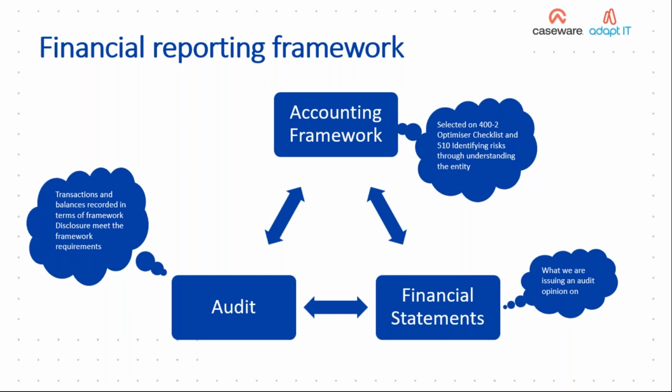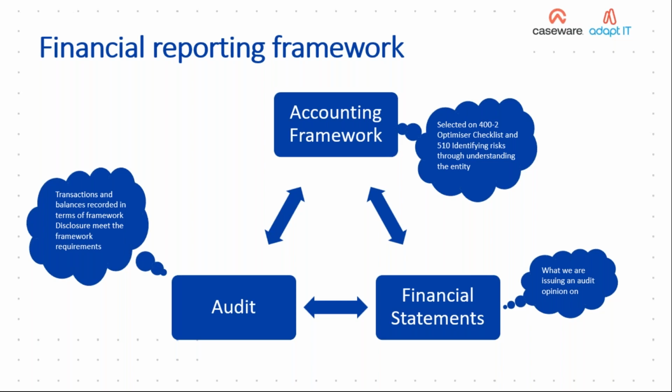So the accounting framework really drives what should be in the financial statements and how that should be accounted for. That's very closely linked to how the client, or in some cases where we are allowed to do so, where we will draft the client's financial statements. Then we've got the third part of that process, on the bottom left-hand side. When we are auditing, we are tying these things together.